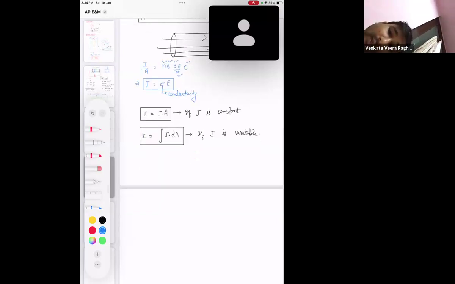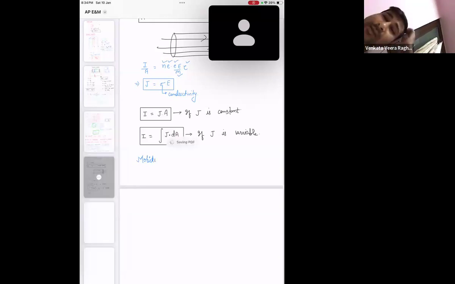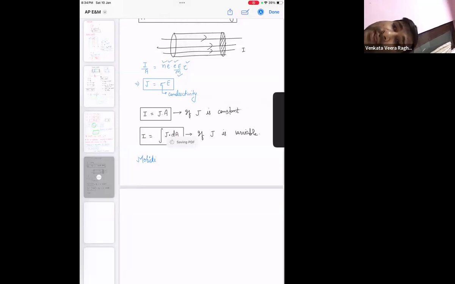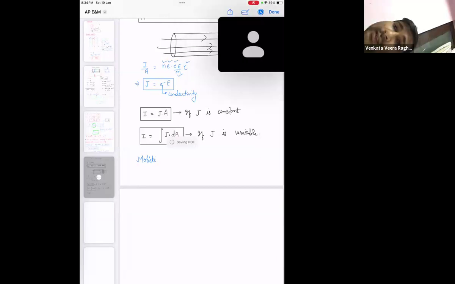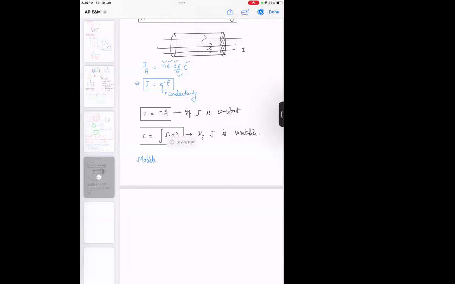One last thing we will discuss is the mobility of electron. Mobility means the ability of an electron to move in a conductor. How freely an electron is able to move in a conductor is called the mobility. Understood?